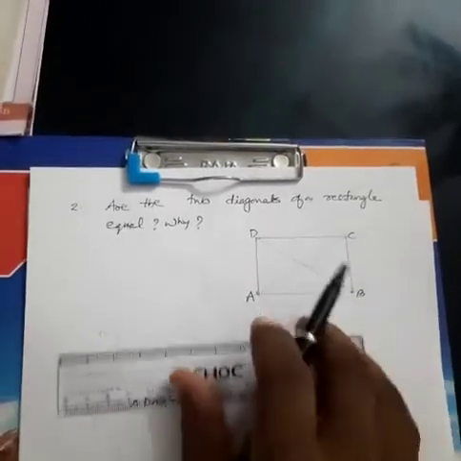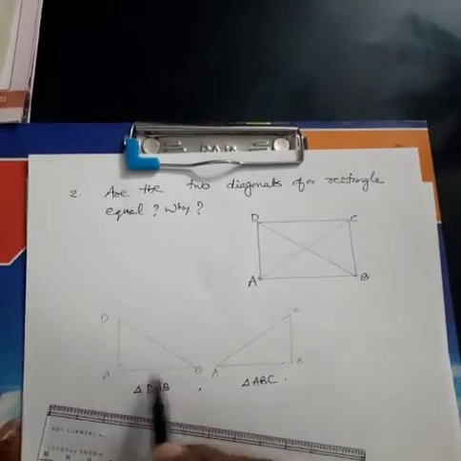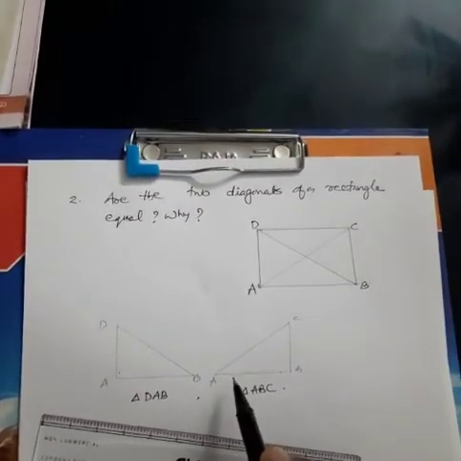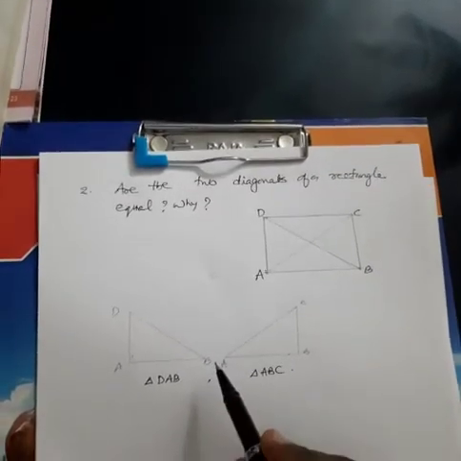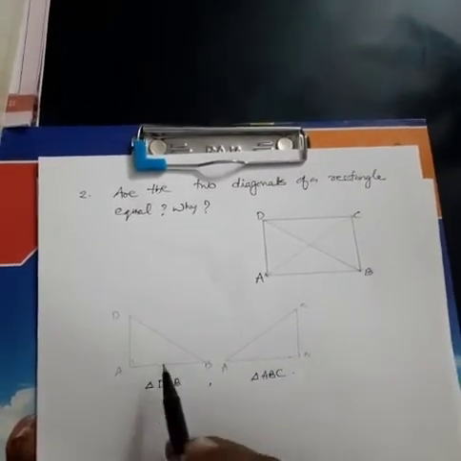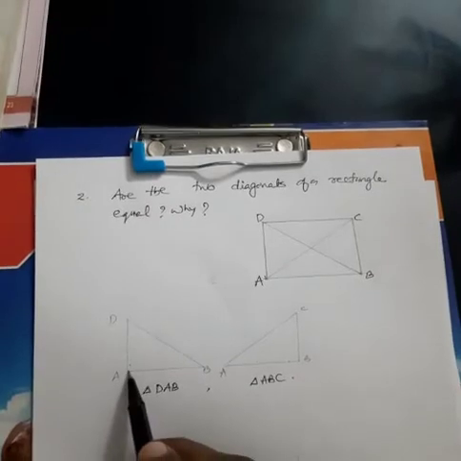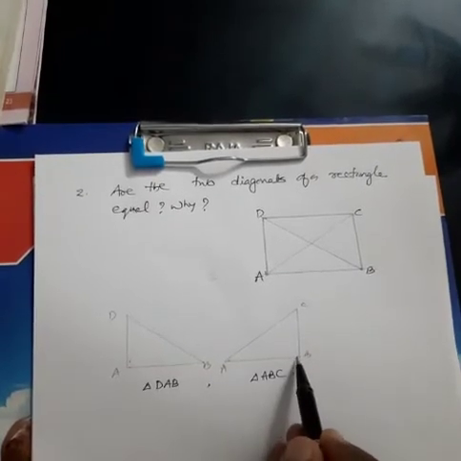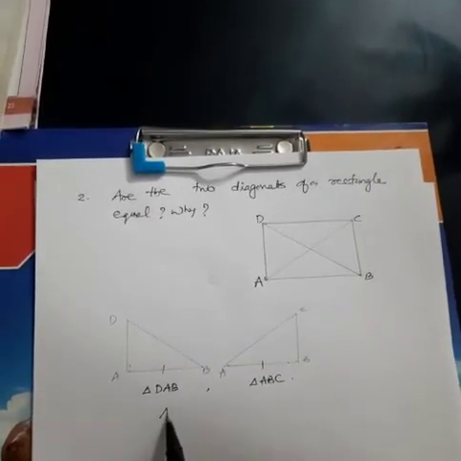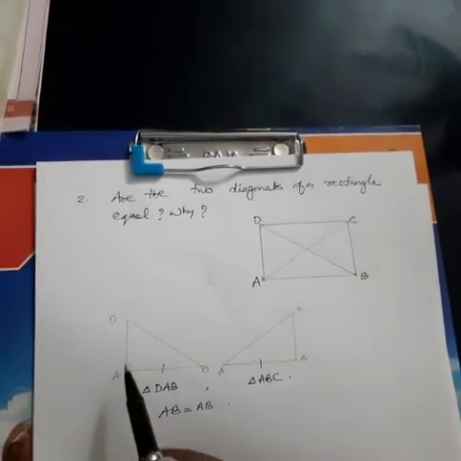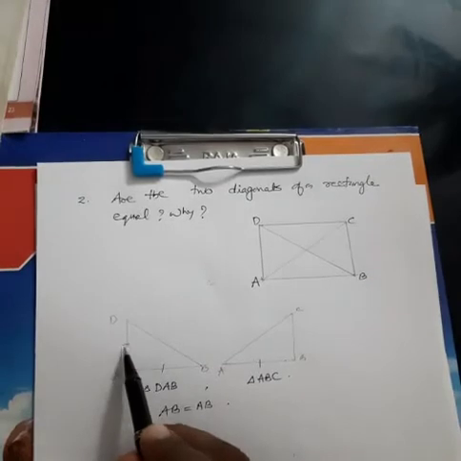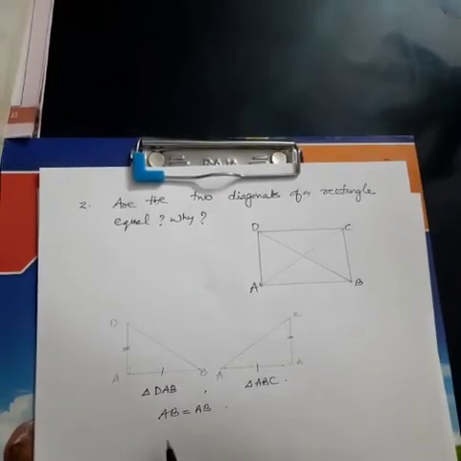You will get two triangles drawn here. So you can split this rectangle into two triangles. Then you consider these two triangles. AB is the same as AB, so this side is equal for both triangles. Then these two sides are also equal.